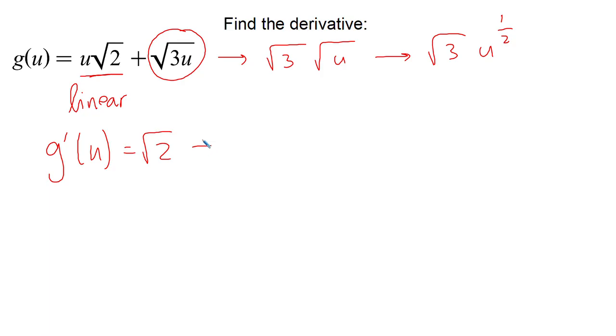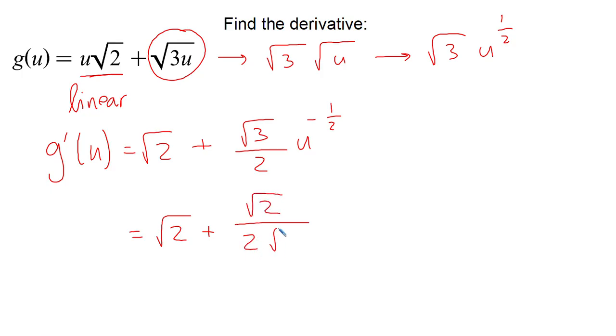So we're going to have plus after our square root of 2, and then we're going to have square root of 3 times 1/2, which will be square root of 3 over 2, and then u to the 1/2 minus 1, or negative 1/2. Of course, you can also write this as just root 2 plus root 3 over 2 root u. So either of those answers would be acceptable. I'd take either one. Doesn't really matter.